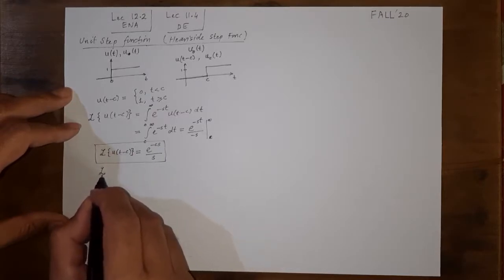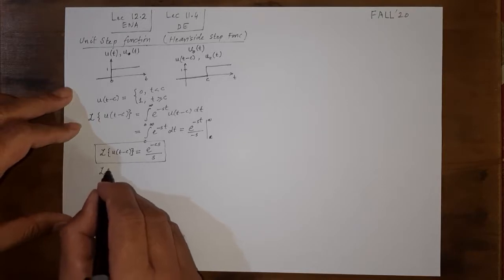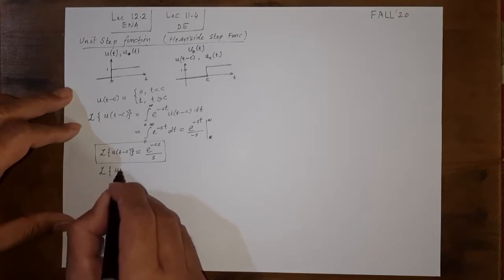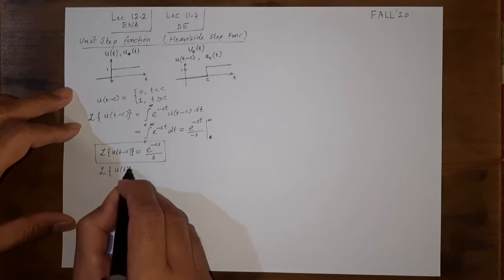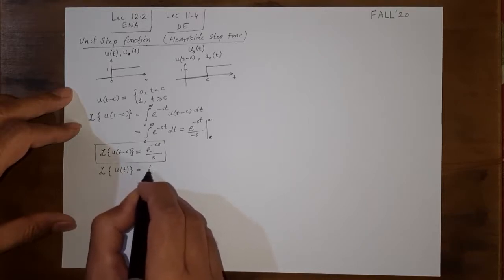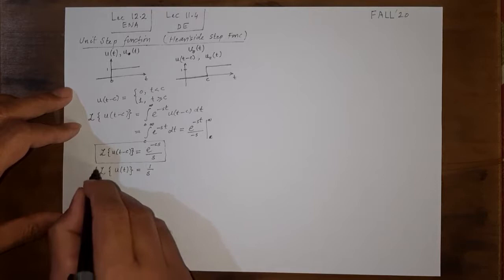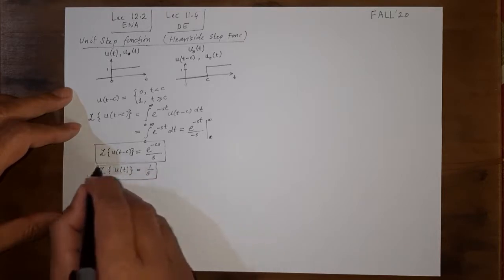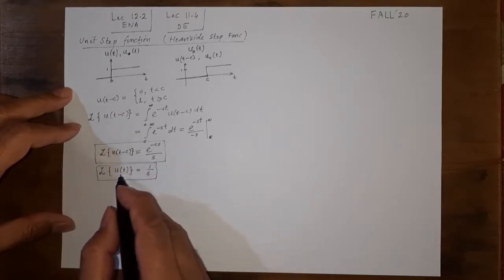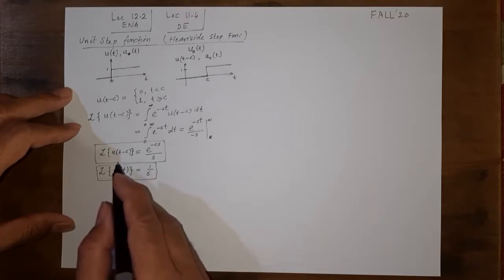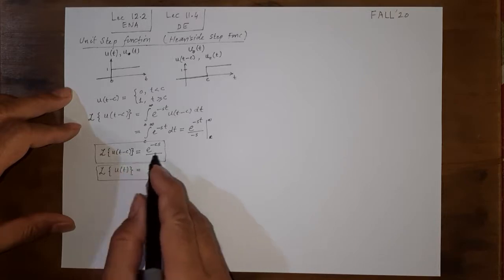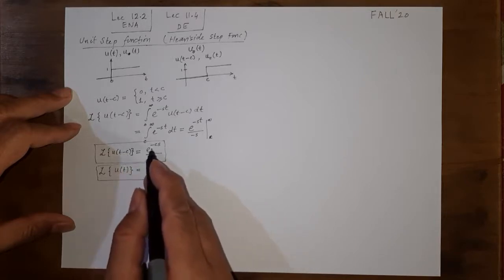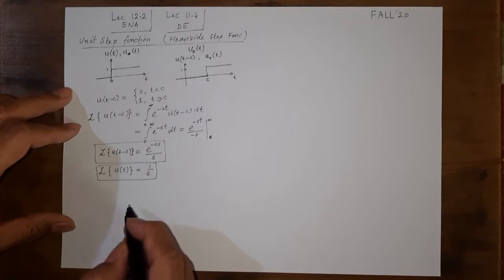We found in the previous lecture that the Laplace transform of u(t) is 1 over s. Combining these two results, you can see that if the function is shifted to the right, or delayed by c, then its Laplace transform is multiplied by e raised to the power minus cs.